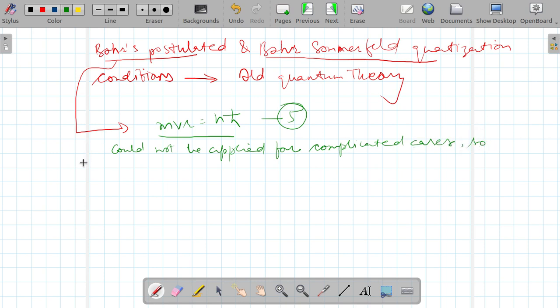So this equation modifies to a new equation given by Sommerfeld.